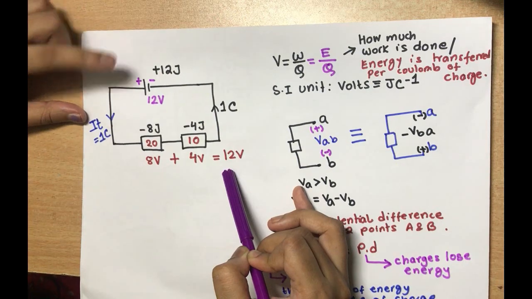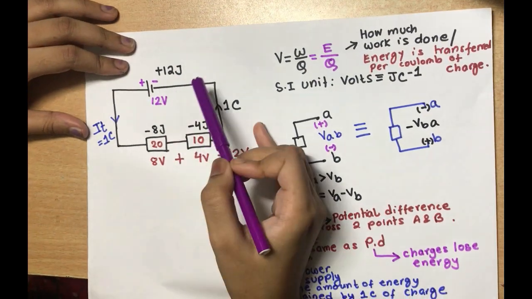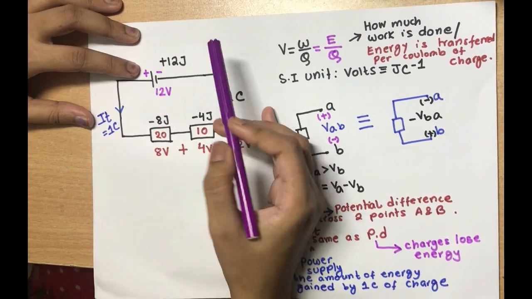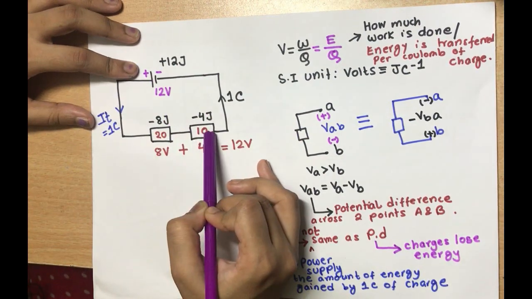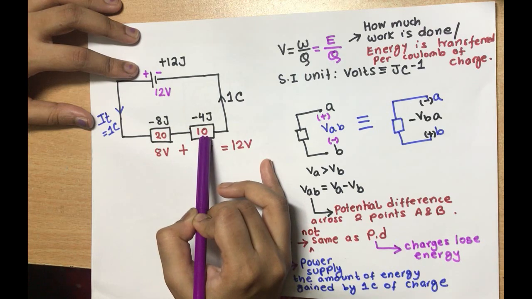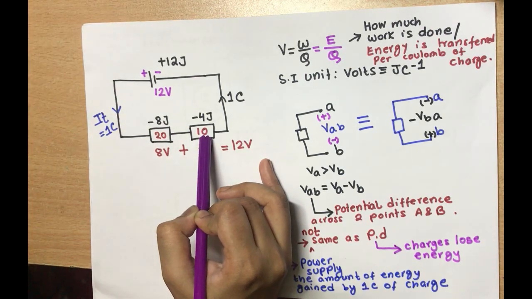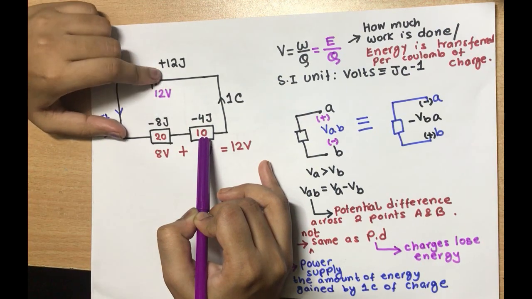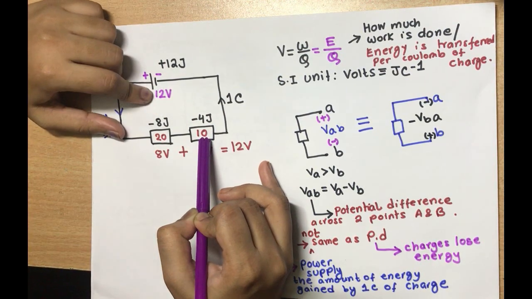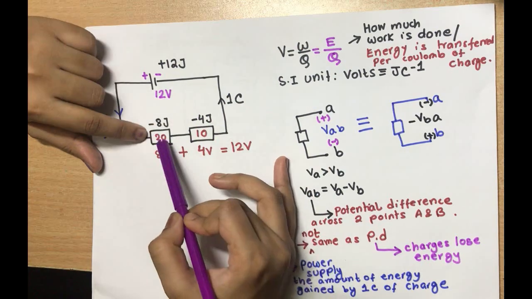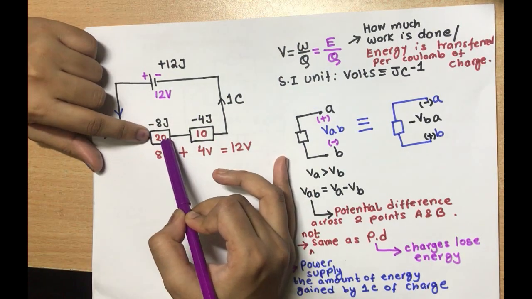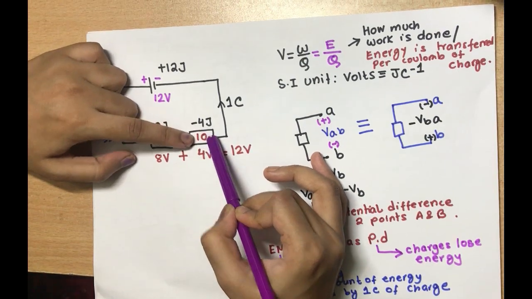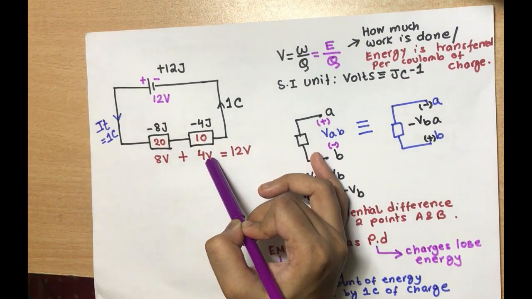So in this circuit diagram, we can see that there is a 12 volt battery and there are 2 resistors connected in series. Now, considering this circuit diagram, the voltage of the battery is 12 volt, the voltage drop across the first resistor is 8 volt and the voltage drop across the second resistor is 4 volt.